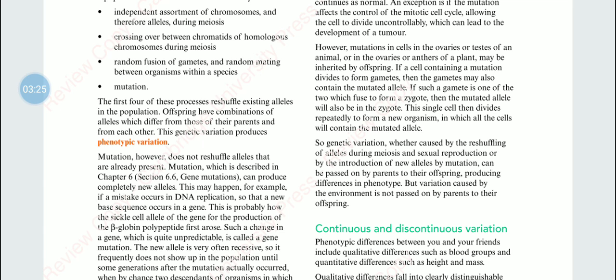But for example, in the earlier situation, we said that a plant would grow tall if the genotype is present and if the conditions are right. But if the conditions are not right, that plant will not grow tall. Does that mean the offspring produced by that plant are going to be short? It might not be short.